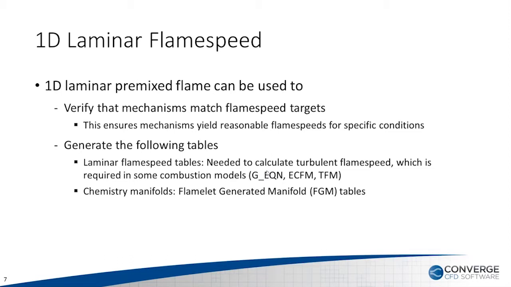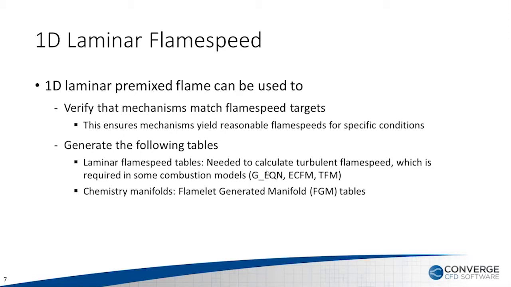The next topic to cover here is 1D laminar flame speed. So in 2.4, we have several options for calculating 1D laminar flame speed. I'm going to cover the details in just a minute. But the first one is why we need 1D premixed flame.